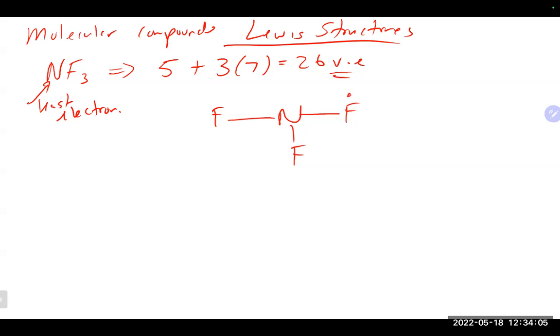We're going to fill up the outside ones until each of them meets the octet rule, which means it has 8 valence electrons. The exception obviously is hydrogen, which should only have 2 electrons total. At this point, we put 24 electrons on our picture.